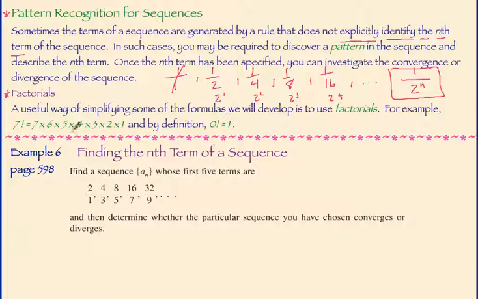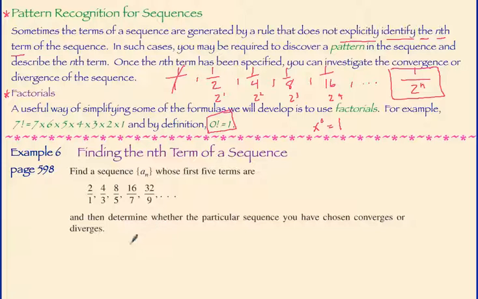So you may see a pattern, where you could say, well, that's 7 factorial, and then maybe you can see a pattern where it's 1 factorial, 2 factorial, etc. By definition, 0 factorial is equal to 1. Similar to when we say anything to the 0 power is 1 by definition, 0 factorial is 1 by definition as well.